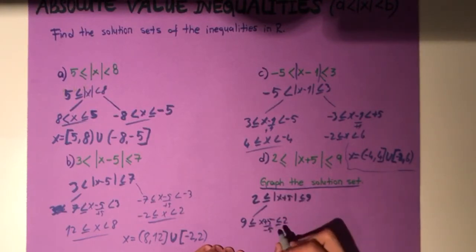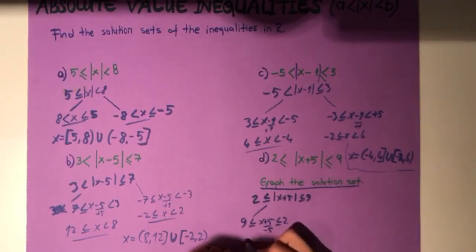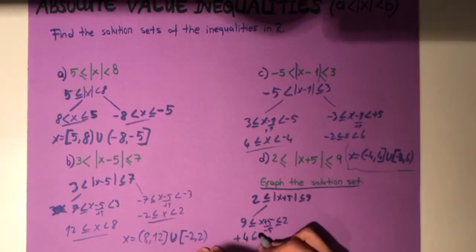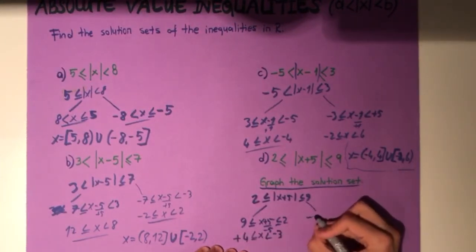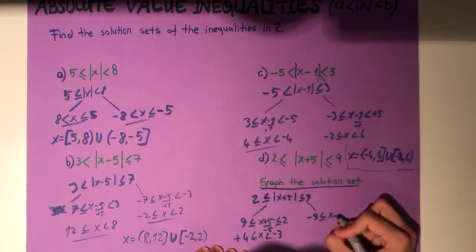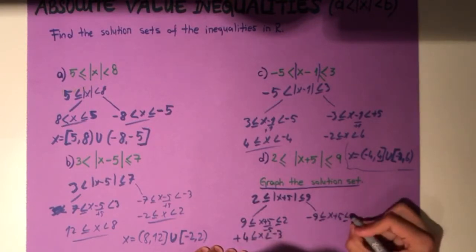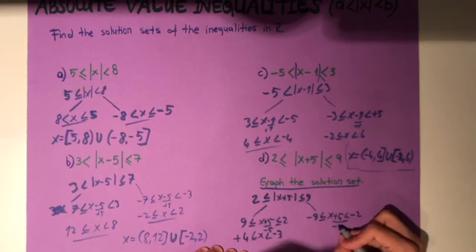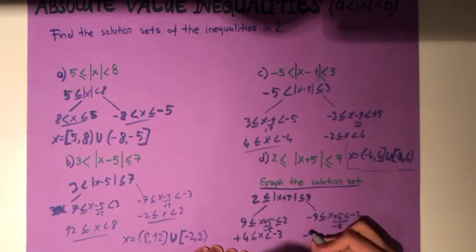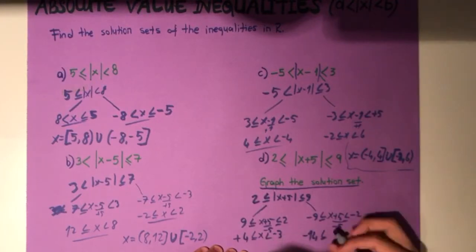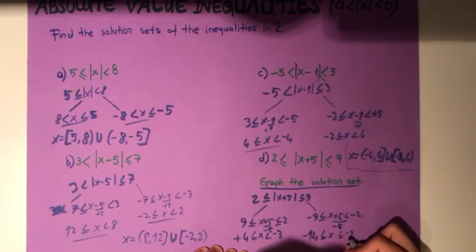To make the x alone, we're subtracting 5 from the whole inequality. We're going to have plus 4, x, and then minus 3. For the other side, minus 9, x plus 5, minus 2. Minus 5 from both sides, minus 14, x, and then minus 7.